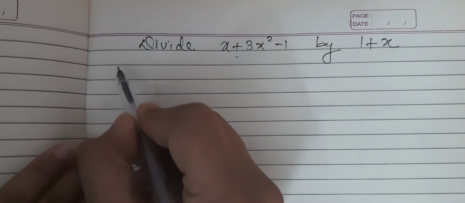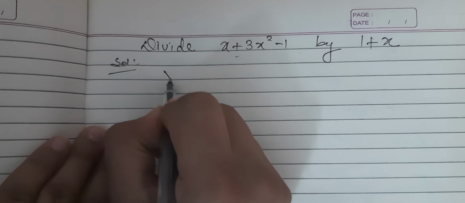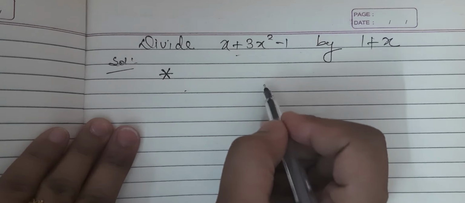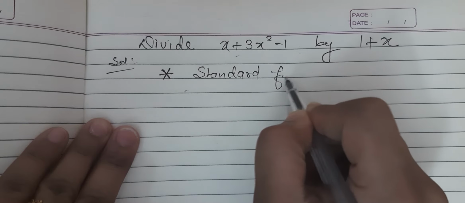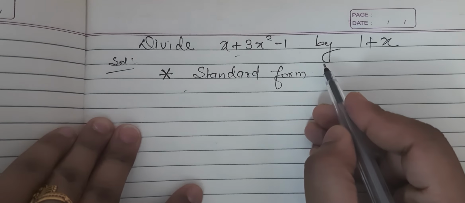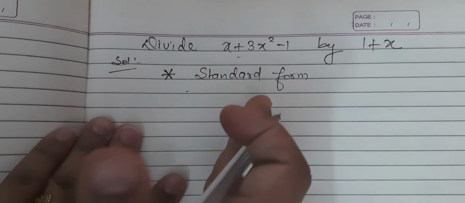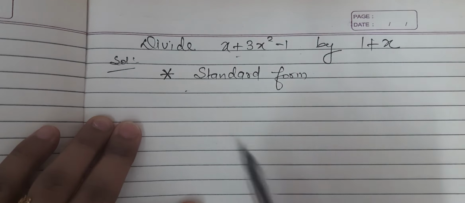Whenever you find this type of question, the first thing we have to do is write the polynomials in the standard form. Now what is the standard form? Standard form means we write the polynomial in the descending order of their power, meaning first we write the term with the highest power.